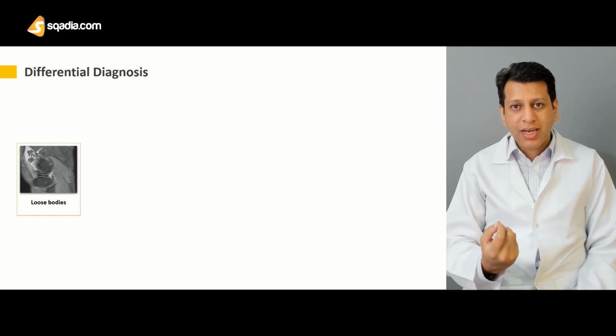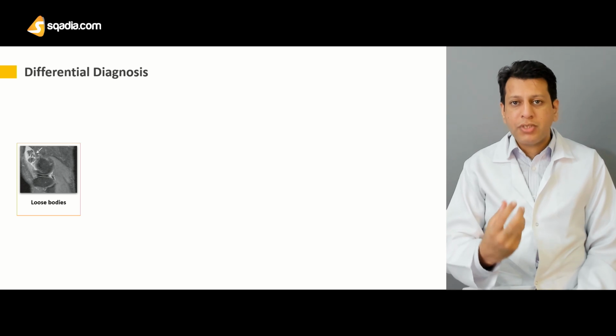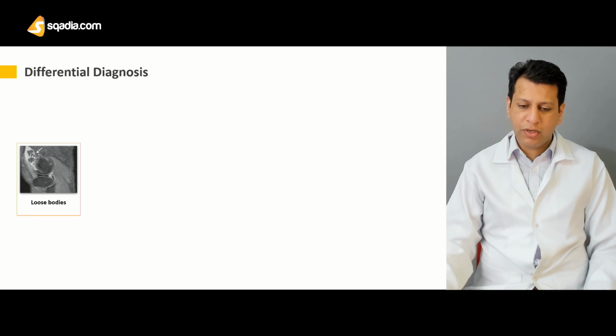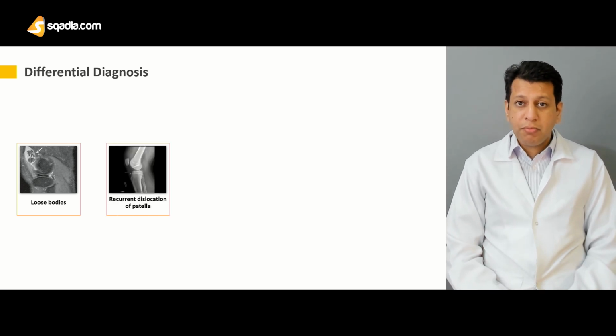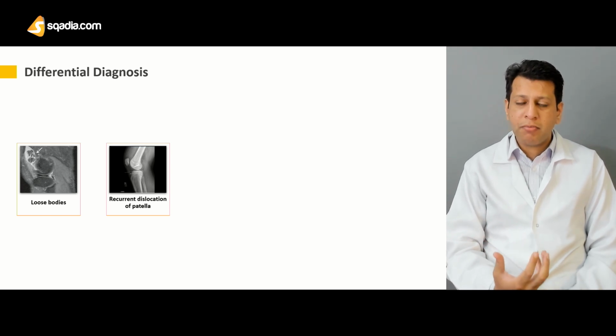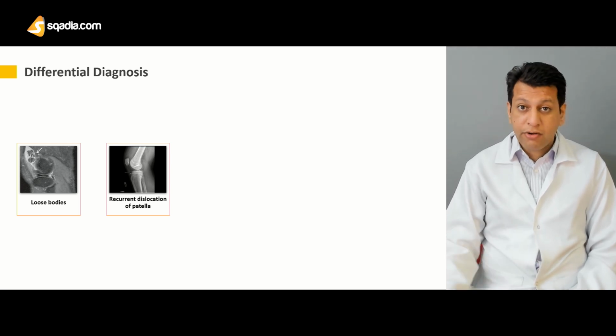Certain loose bodies may get trapped during flexion and extension of the knee and may present with a snapping sensation, in which there is catching or locking of the knee joint. Or sometimes due to effusion, there may be associated hypoplasia of the lateral femoral condyle as well. Therefore, we need to rule out if there is associated recurrent dislocation of the patella or not.